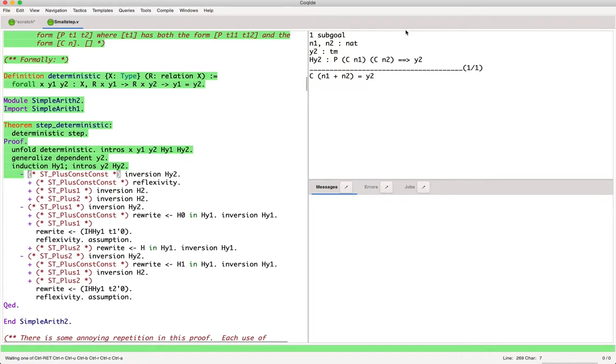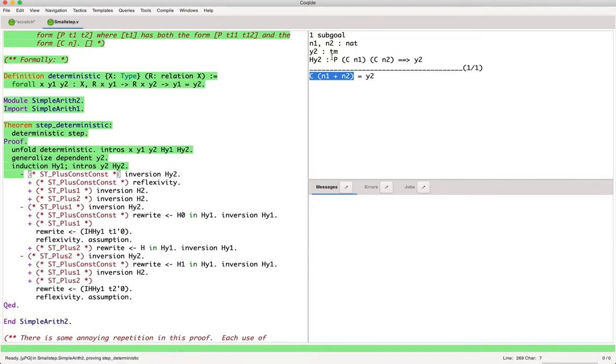So here, for example, this is the case where PCC is the thing we're talking about, and it goes to y2, and it's also in the y1 case, it's gone to C n1 plus n2, right? In other words, this is the case where both of the steps are using the plus const rule.